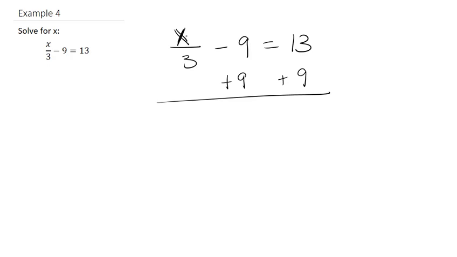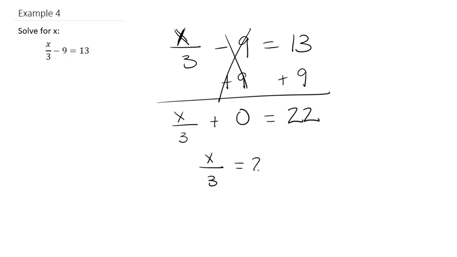And this will help us get x all by itself on the left-hand side. So this just becomes 0. And we'll just bring down this x over 3. Now we have 13 plus 9, which is equal to 22. So let's go ahead and rewrite this now, because we can just get rid of the 0. So now we have x over 3, which is equal to 22.